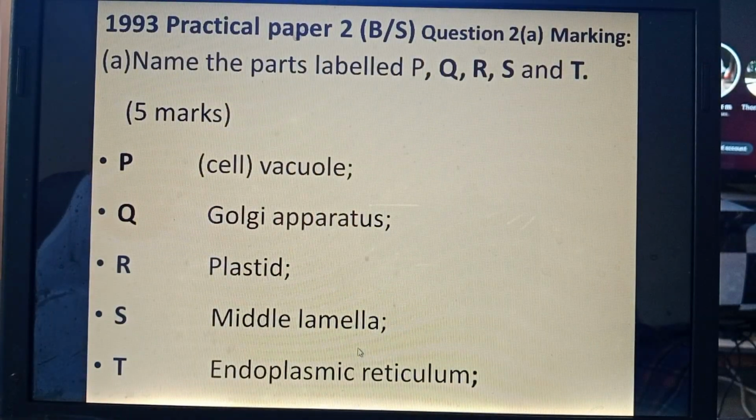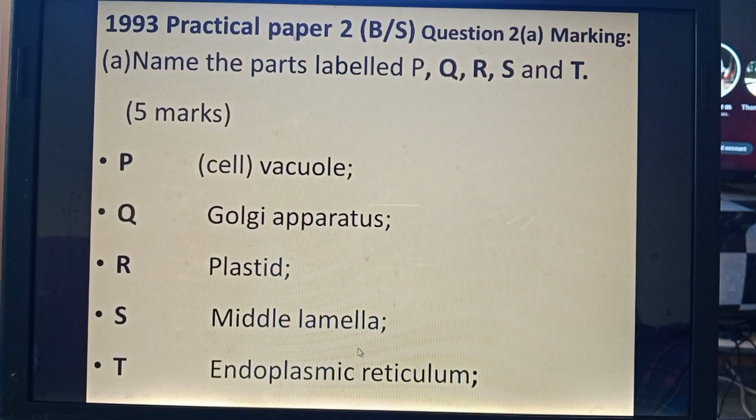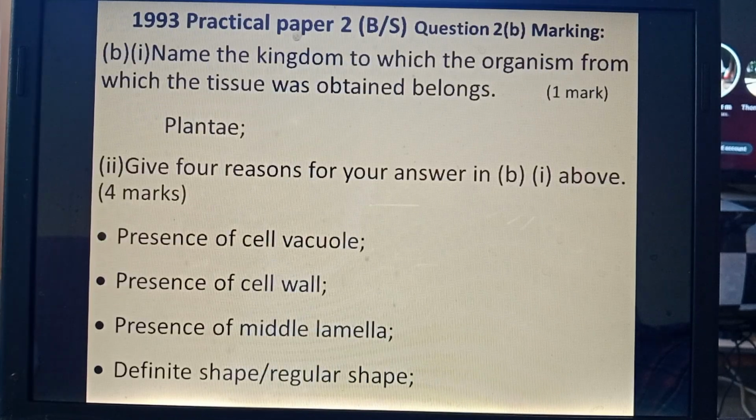And we have already named the structures P, Q, R, S, and T: cell vacuole, Golgi apparatus, plastid, middle lamella, and endoplasmic reticulum. The tissue is obtained from Plantae. Reasons: presence of cell vacuole, presence of cell wall, presence of middle lamella, and definite shape or regular shape.